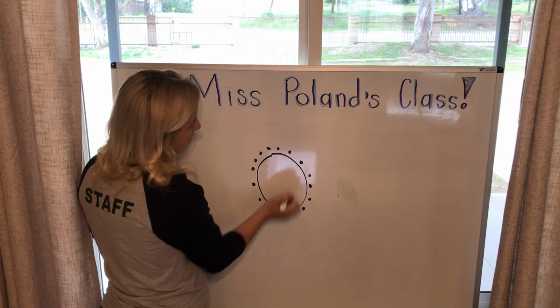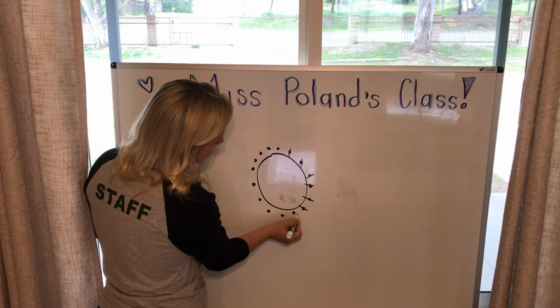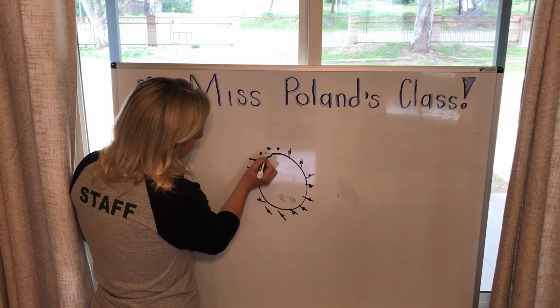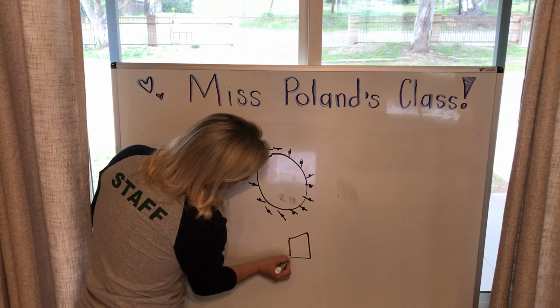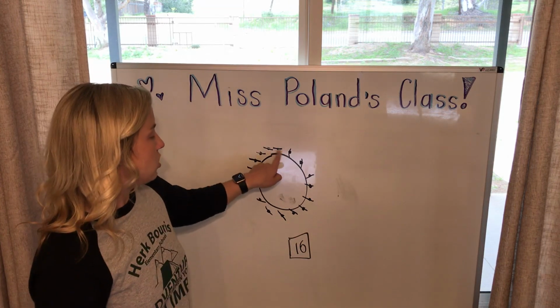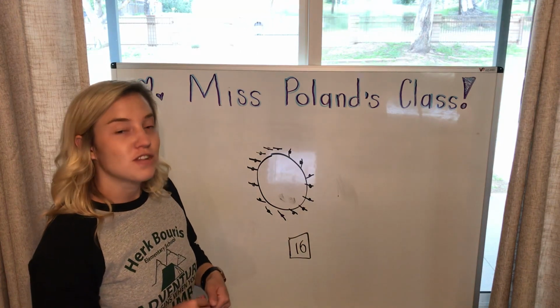And now you can count again. 1, 2, 3, 4, 5, 6, 7, 8, 9, 10, 11, 12, 13, 14, 15, 16. So I'm going to go ahead and draw that in my box down here, because that's what our question set will look like. We started with 15, we drew one more, and that was 16 total. That's what comes next after 15.